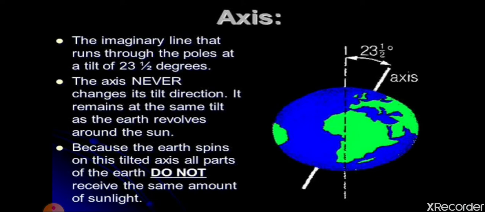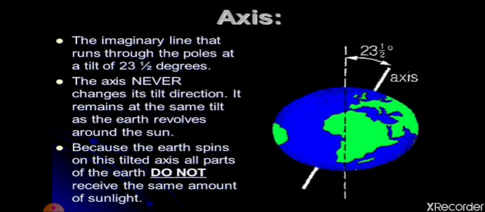The axis never changes its tilt direction; it remains the same as the earth revolves around the sun. Due to this tilt of the axis, day and night are caused, and this axis is also responsible for the change in seasons.